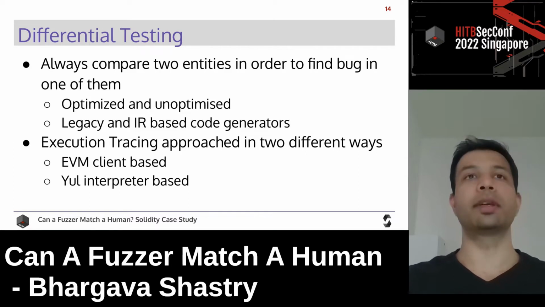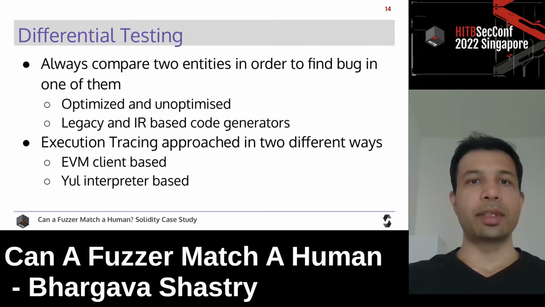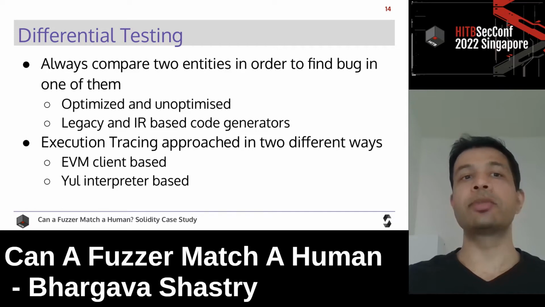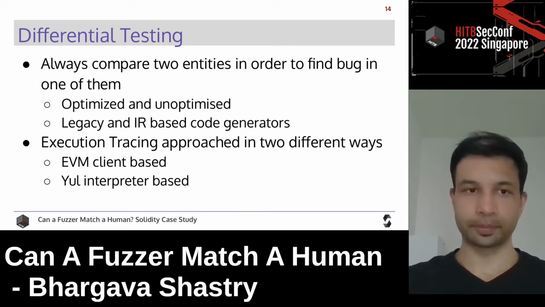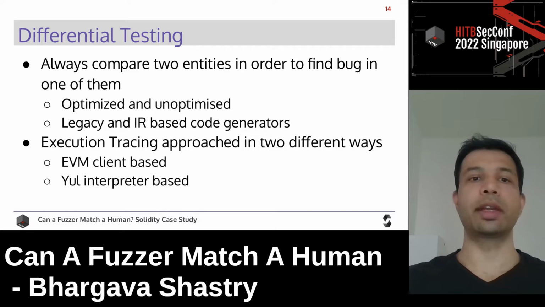This could be, for example, unoptimized and optimized code, or legacy and IR-based code generators. Now we test both of them on the same input at the same time and see what they do. If they do the same thing, then they're doing it correctly. If they don't do the same thing, then one of them is wrong. And this is flagged as an incorrect code generation bug for manual triage later.